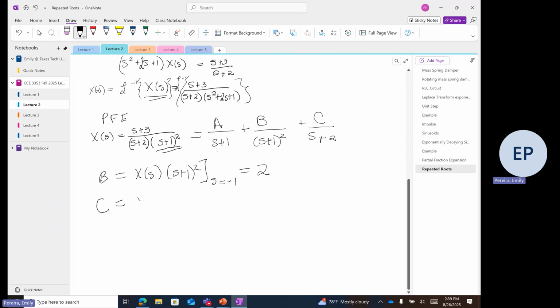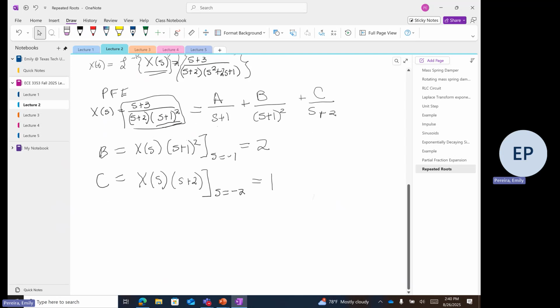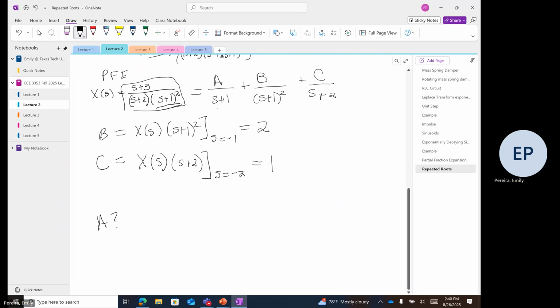And then for C, we have our X of s times s plus 2 at s equal to -2. And this is going to turn out to be 1. So you can go through the math on your own, but for the sake of time, I'm going to skip it. So now the question is, how do we get A?